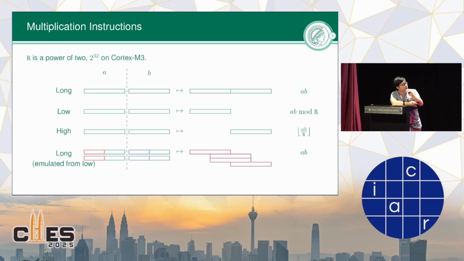We compute four 32-bit partial products with four low multiplications, then position the low products at the correct positions and accumulate the results. This not only amounts to four times more multiplication instructions, but also to several logical and addition instructions.